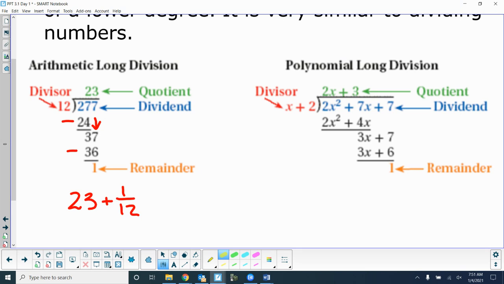It could be 4 or 5 or 6. Okay, that doesn't really matter. The first thing you got to make sure of is that the dividend here, the blue one, is in the right order, from the highest exponent down to the constant. So x to the second, x to the first, and then the constant. If I had an x to the third, that would be in front of the 2x squared.